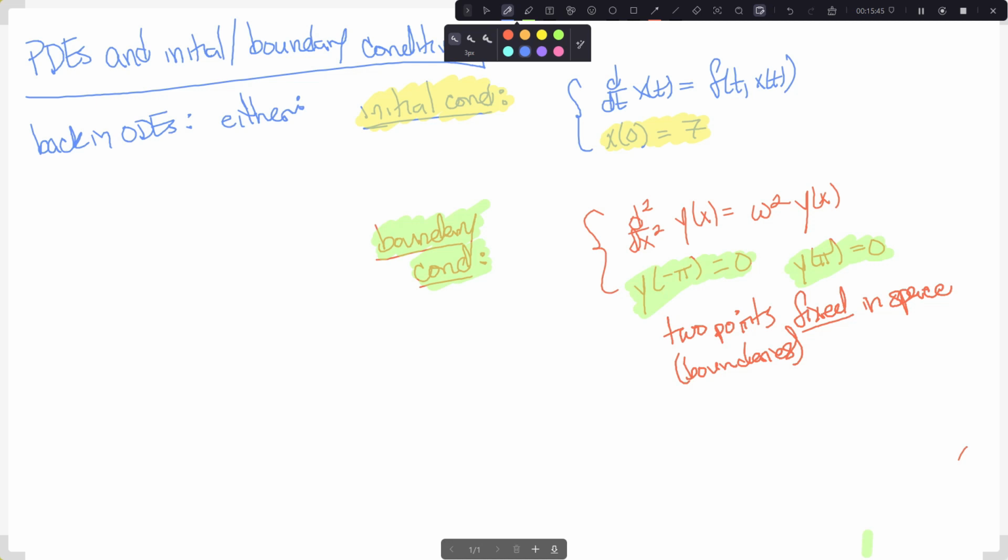In PDEs, it's not quite so simple. In PDEs, we often have both. Now the question is, why do we often have both?